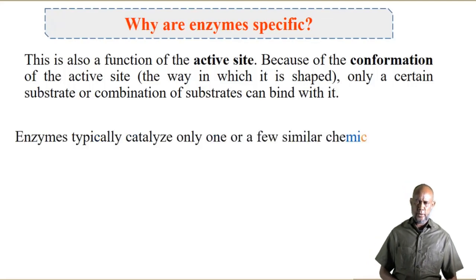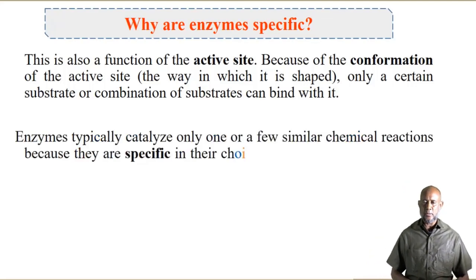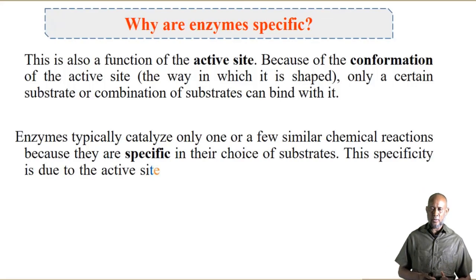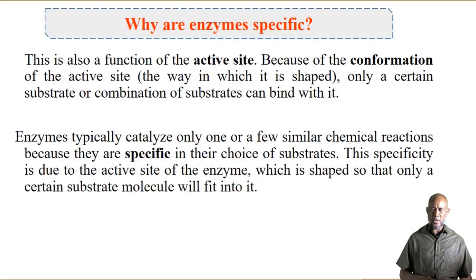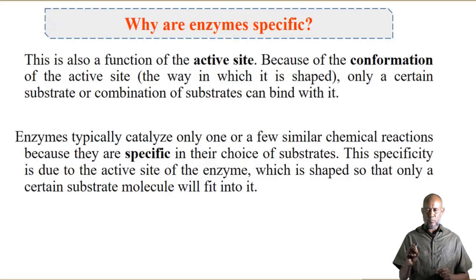Enzymes typically catalyze only one or a few similar chemical reactions because they are specific in their choice of substrate. Each and every enzyme is specific either to a particular type of substrate or to a few similar kinds of substrate.